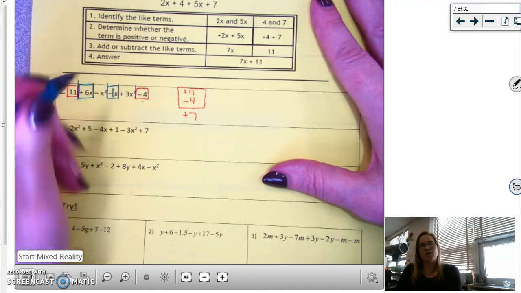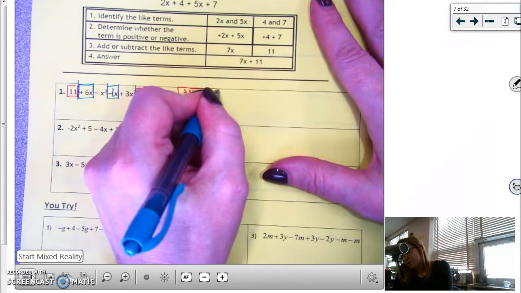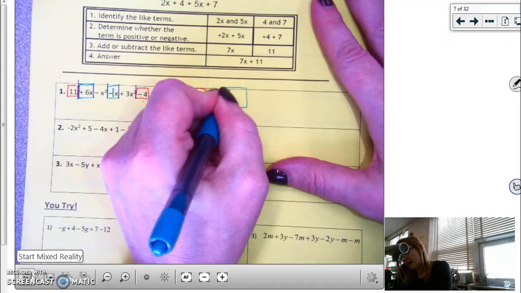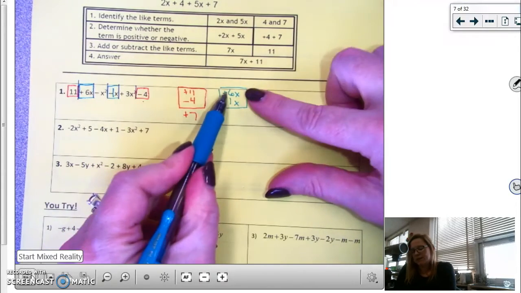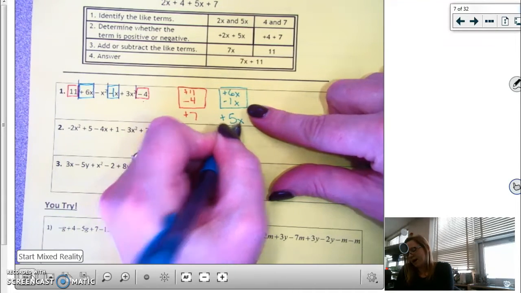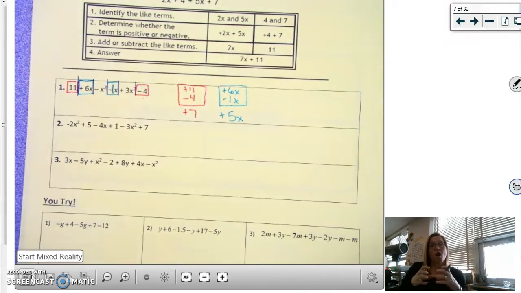Yep, there's a secret 1 there, a hidden 1, put it in there. And that's an x squared. So make a second box, and we'll put a plus 6x, and we'll put a minus 1x. 6 minus 1 leaves me with a positive 5x. If they're positive, still put the positive sign in there. It'll help when we put them all back together in the end.